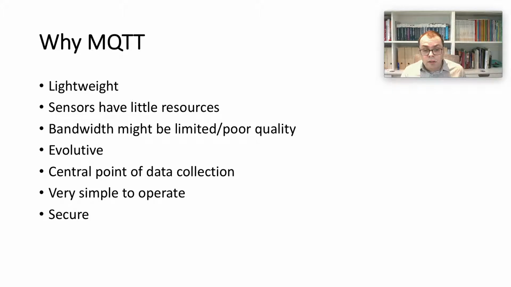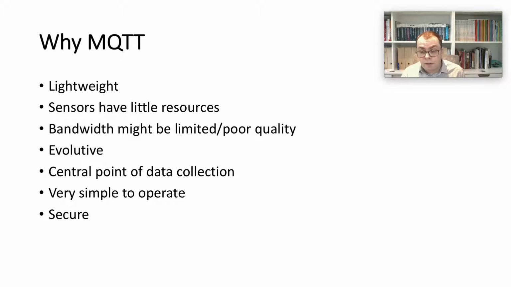Here is another problem in IoT projects: bandwidth might be limited or of poor quality. Let's imagine an old rig where we are using satellite communication, so the latency is terrible and the bandwidth is not there, and it's used as well for multiple things. So it could be a problem.